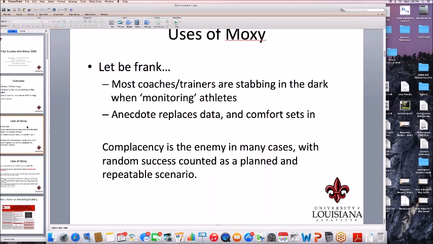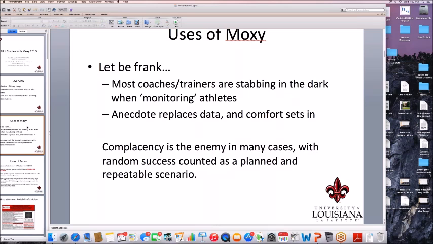And it also makes sense as to why we have anecdote replacing data all the time when we're talking to coaches, right? It's really hard for a coach to understand data if they don't have a basis in human physiology. Right? There are some countries now that are doing a much better job of integrating from the ground floor up the acquisition of scientific data in coaching. Australia is a great example at the moment.